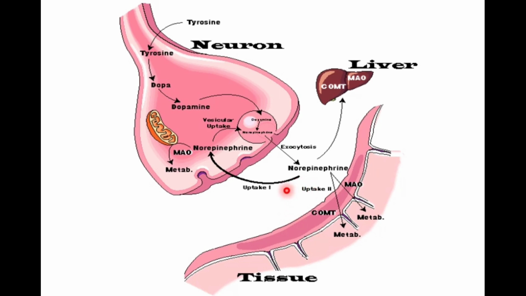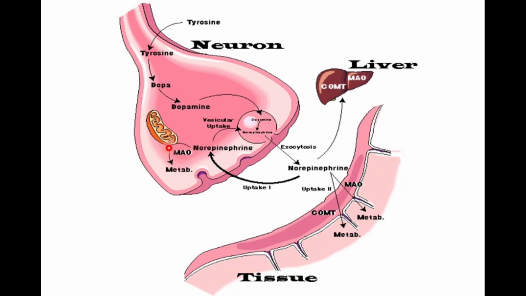Noradrenaline action is terminated mainly by a transporter-mediated reuptake pump called uptake 1. The majority of noradrenaline entering the neuron is transported back into the vesicle. This is a monoamine pump that transports both dopamine and noradrenaline.